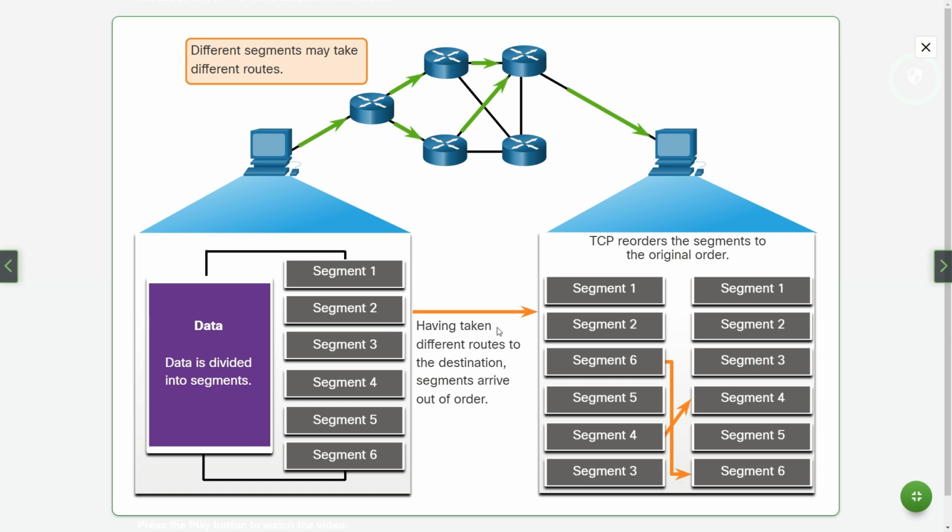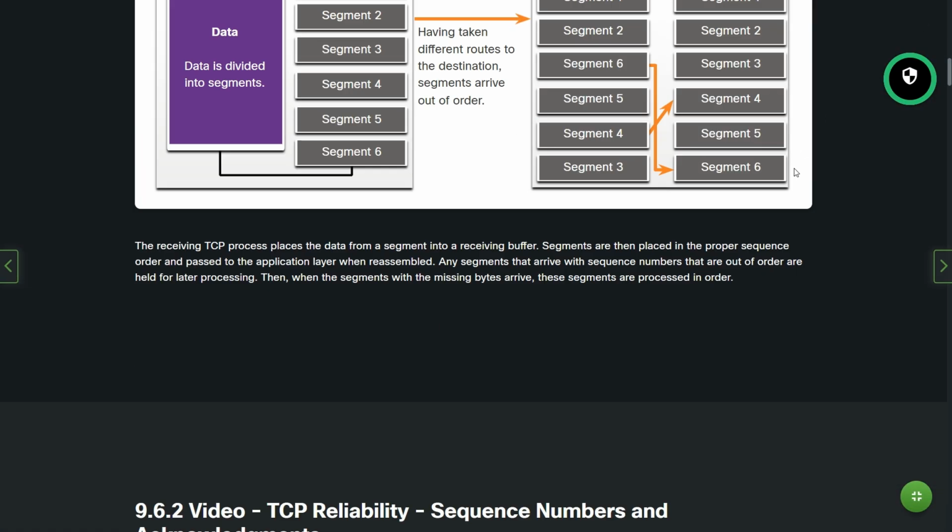Having taken different routes, the segments arrive at the destination out of order. TCP reorders the segments to the original order, and the segments are reordered.